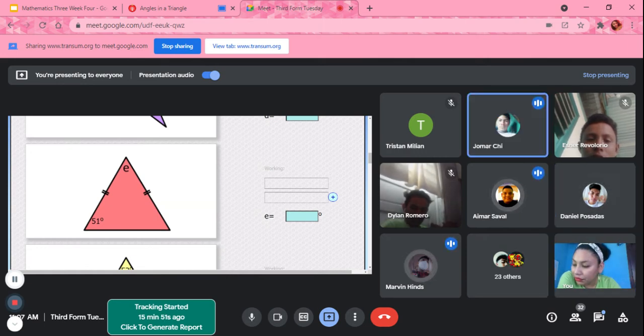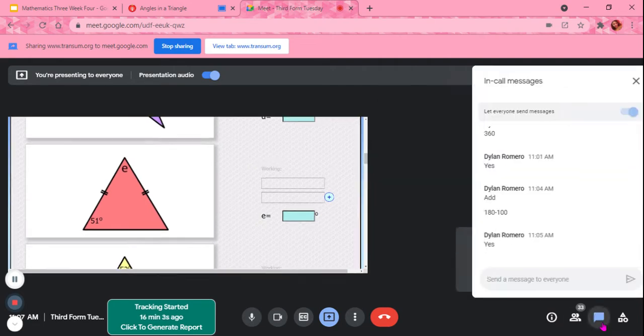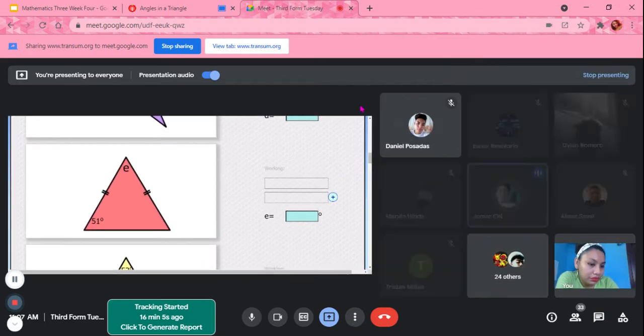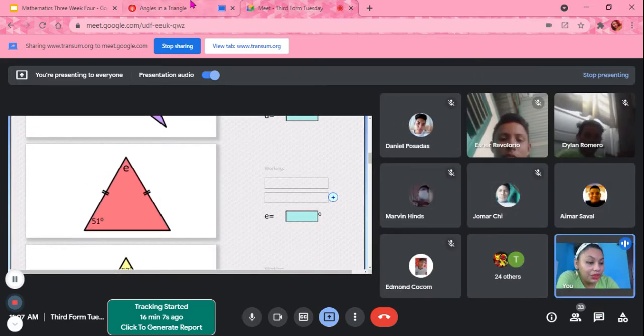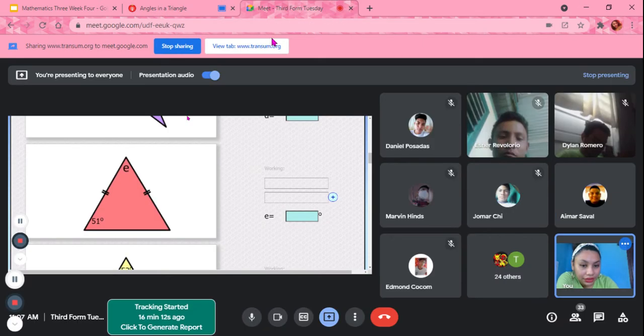The sides are equal. It is an isosceles triangle and both sides are equal. And because both sides are equal, what does that say about the angles? The angles are equal too. Very good.